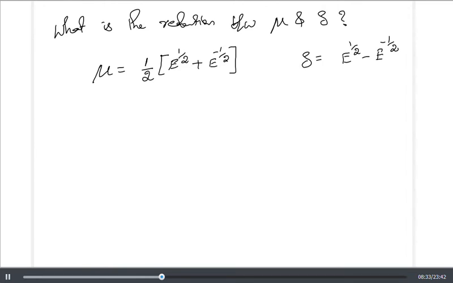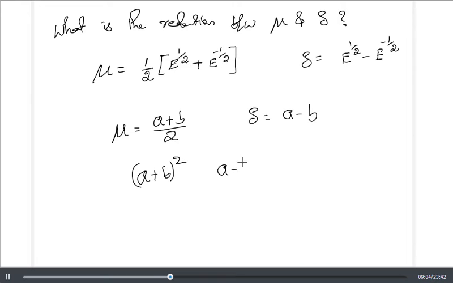Now let me forget the expressions and think of these as some numbers only. Mu equal to (a plus b) by 2 and delta equal to a minus b. If we want some relation between a plus b and a minus b, I hope in terms of squares we can obtain it. Because (a plus b) whole square and (a minus b) whole square are not equal, but I can say (a plus b) whole square is equal to (a minus b) whole square plus 4ab.